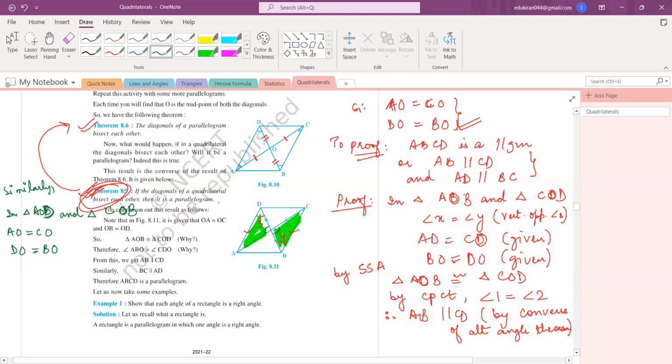This angle is equal to this angle. Yes, ma'am. Vertically opposite angles. Exactly. Just give them some names, S and T. So angle S is equal to angle T, vertically opposite. So therefore the two triangles are congruent. Which criteria here? SSA. So triangle AOD is congruent to triangle COB. And similarly by CPCT, this time angle 3 is equal to angle 4.